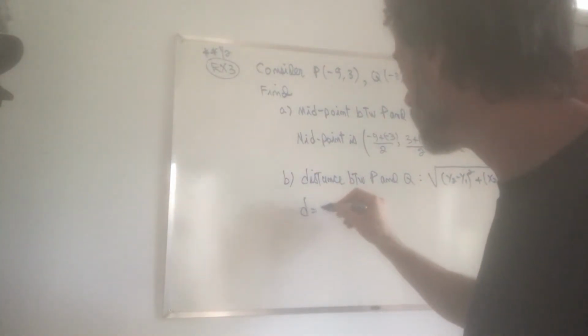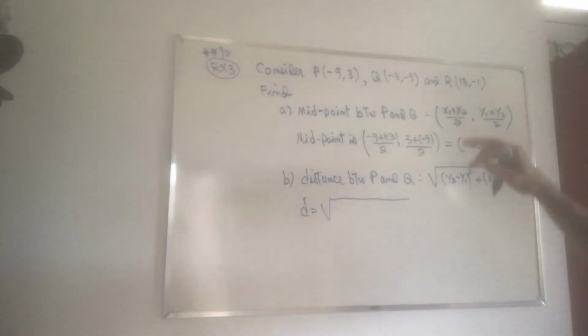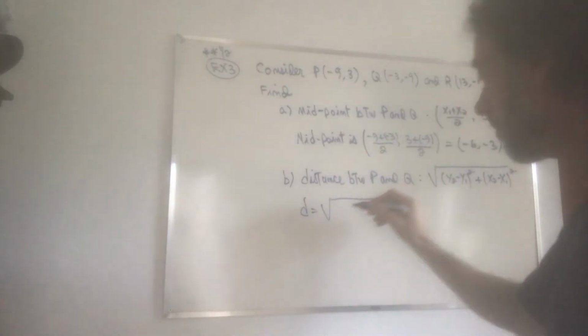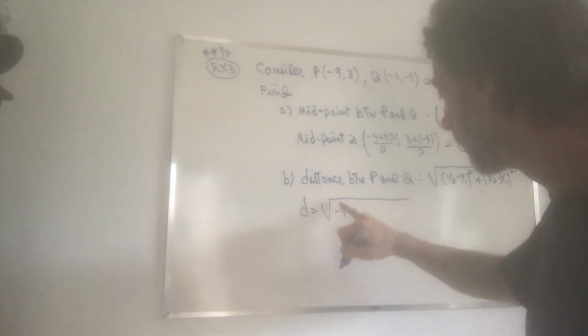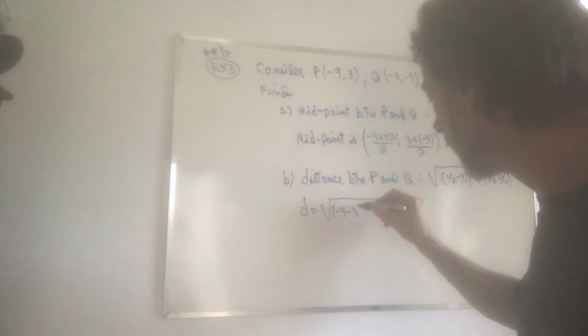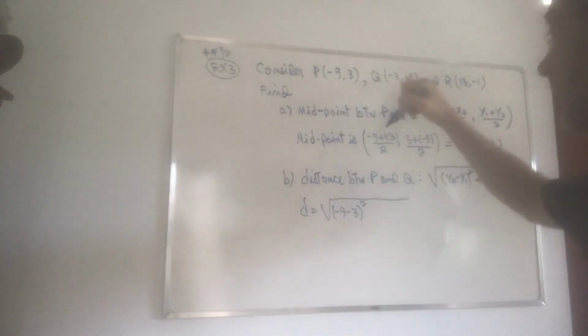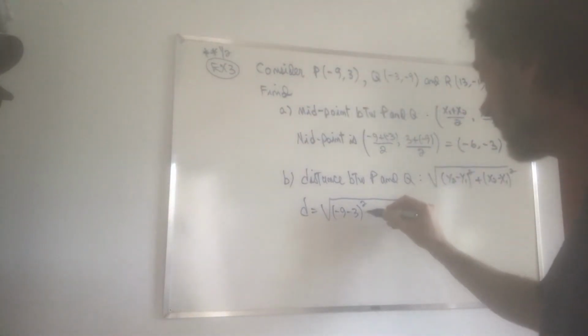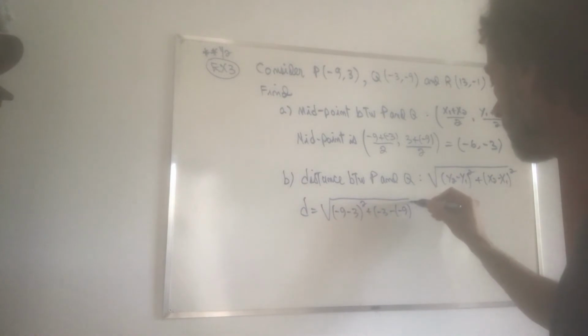So distance equals big square root of the difference of the y's between P and Q, so minus 9 minus 3, and square, right? Difference of the x's, minus 3 minus 9.